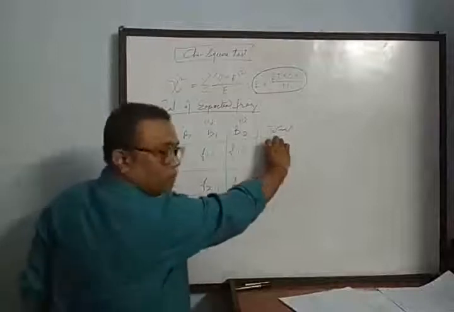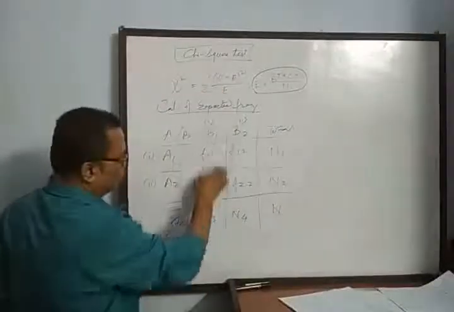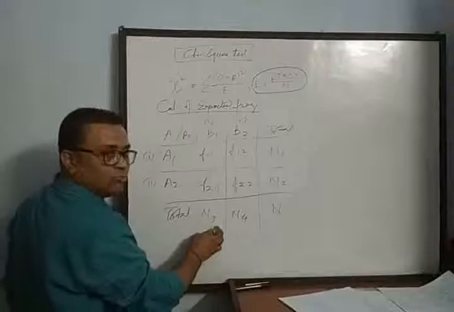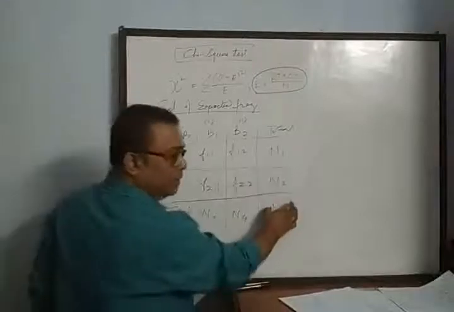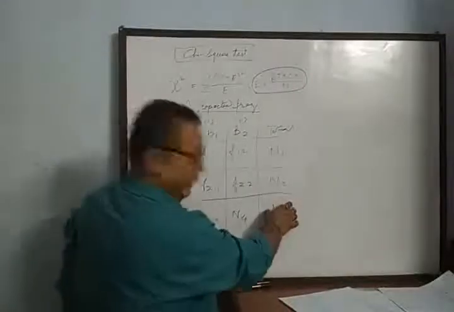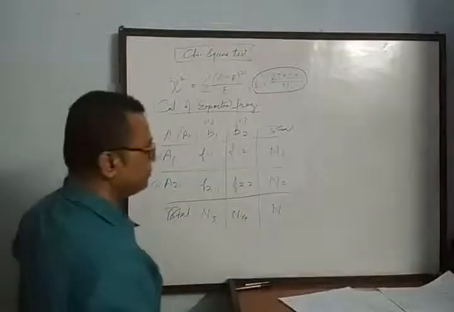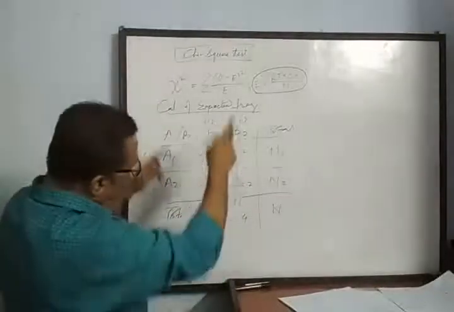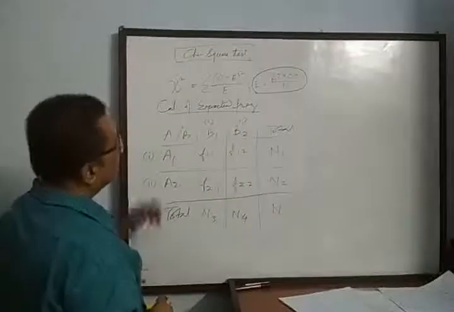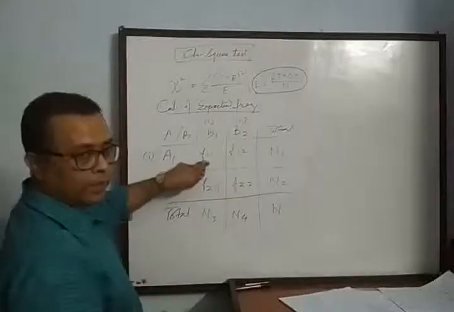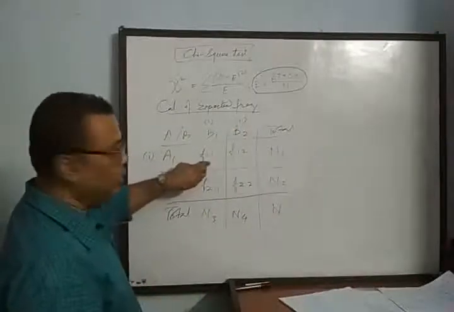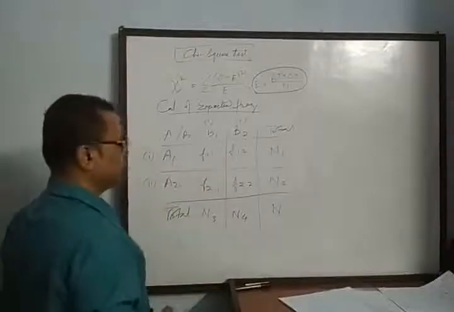Row total of the first row and total of the first column, and the grand total N. By following this, what will the calculating formula be for this cell?